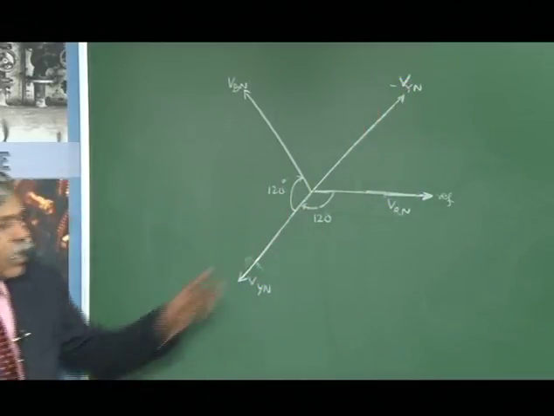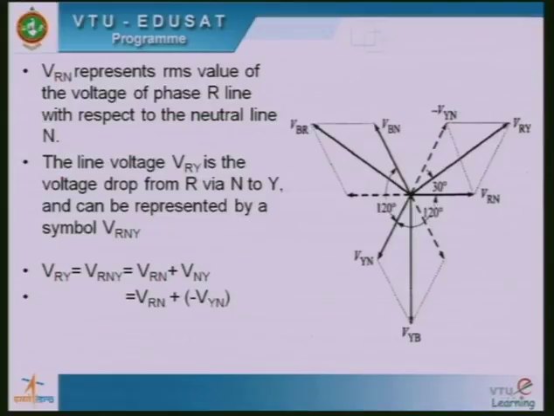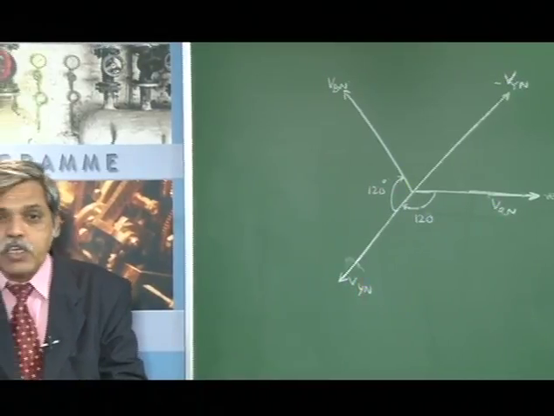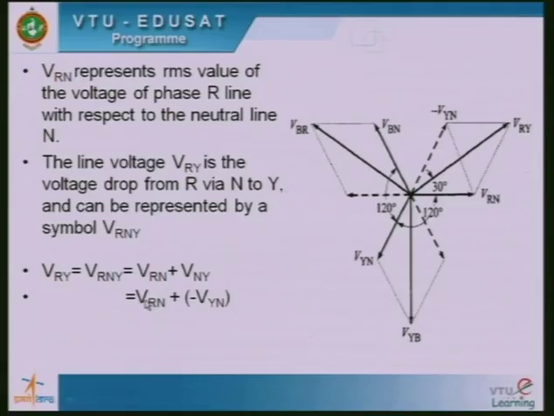I need to add VRN and minus VYN vectorially as per this equation. Okay, all these are vectors. I should have represented them by block letters, but I have not done so.